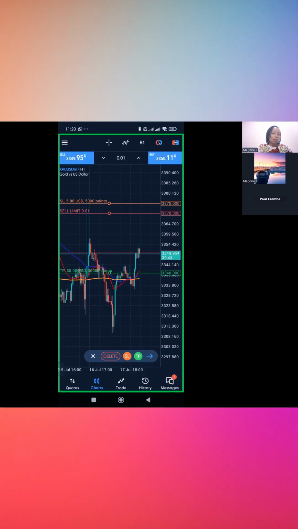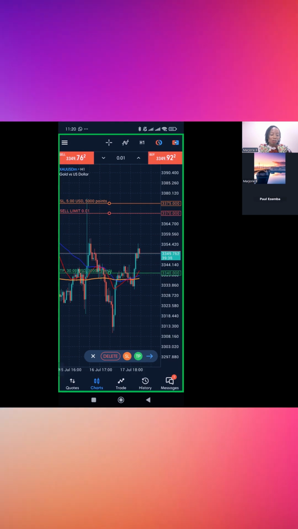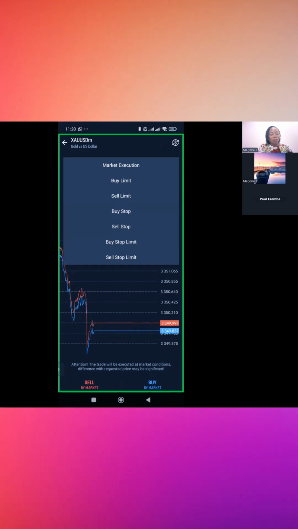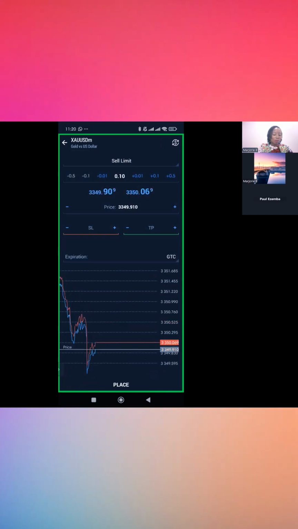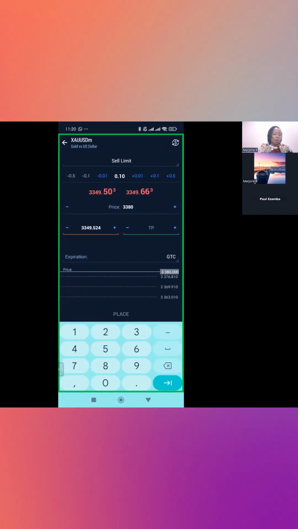So if you look at your lot size and you see that your SL is something you cannot bear, then it means you're over leveraging. Because when you over leverage, your heart will not be at rest. Let's say, for instance, I put a sell limit of 3380 on this, and I now put 3385, and I'm sure they'll probably even tell me I don't have enough money on this account.